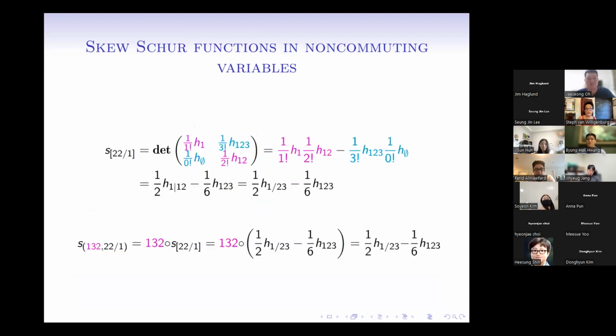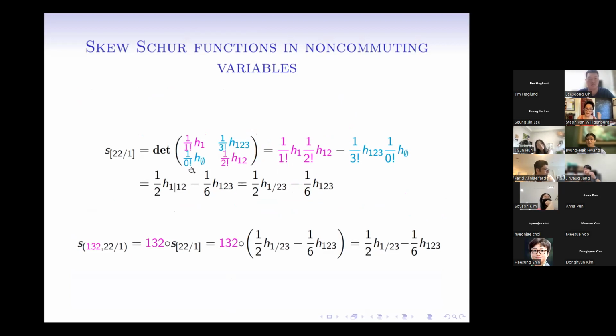So let's have a quick look at an example. Say I wanted to compute the source Schur function S22 skew 1. The first thing we're going to do is make our matrix. That's this thing right here.